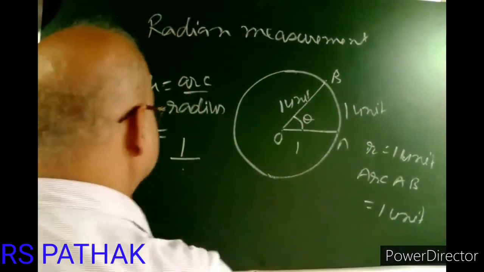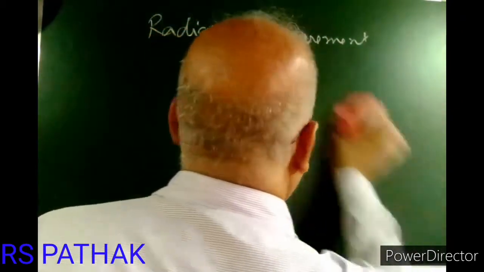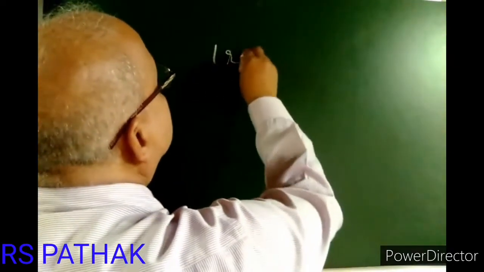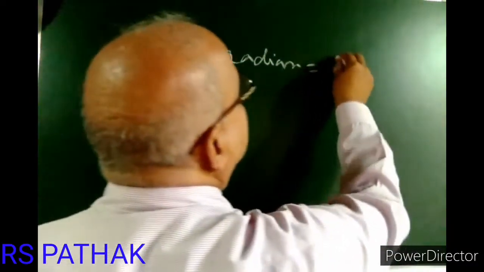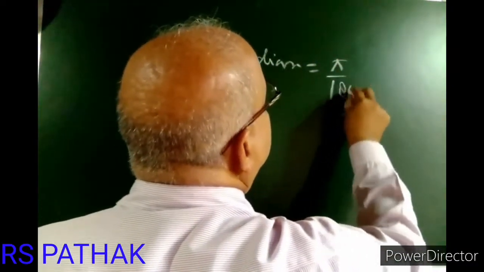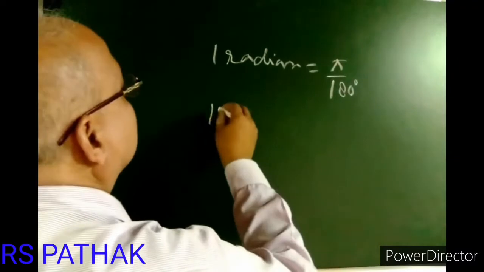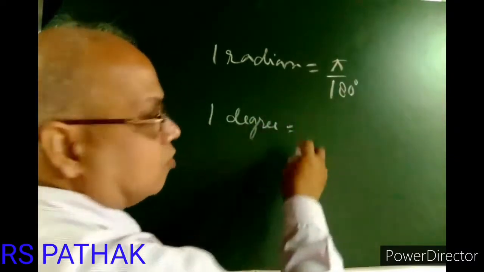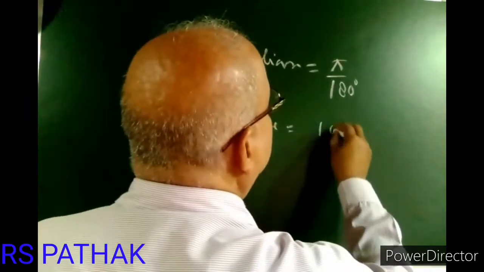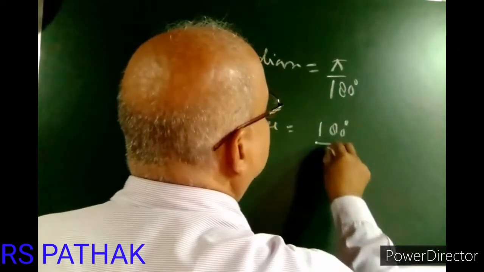Then 1 radian is equal to 180 degree upon pi, and 1 degree is equal to pi upon 180 radian.